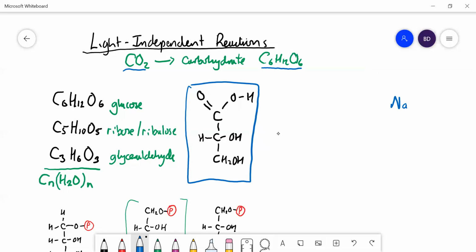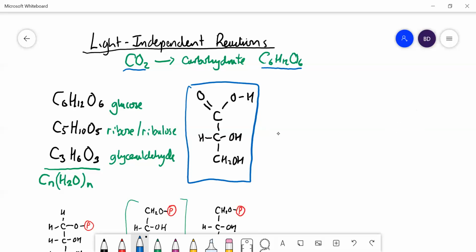In photosynthesis, in the light dependent reactions, you make a very similar reducing agent which has a phosphate attached, NADPH. So that reducing agent is very much involved in these reactions.